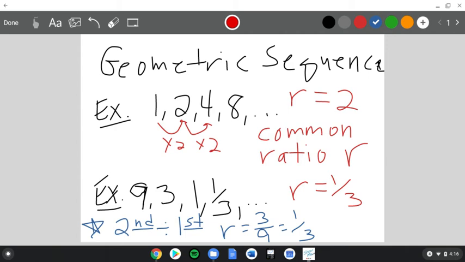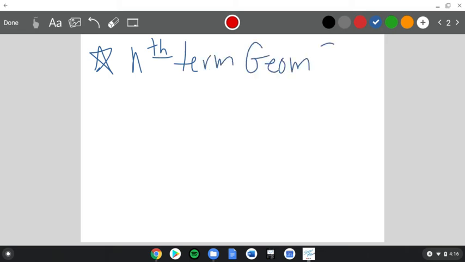So just like with arithmetic, if we said, what's the fourth or fifth one, that would be pretty easy to get. But if we said, what's the 20th, that would take a lot longer to figure out. So just like with arithmetic, we have a formula to find, and here's another formula to mark in your notes, the nth term of a geometric sequence.